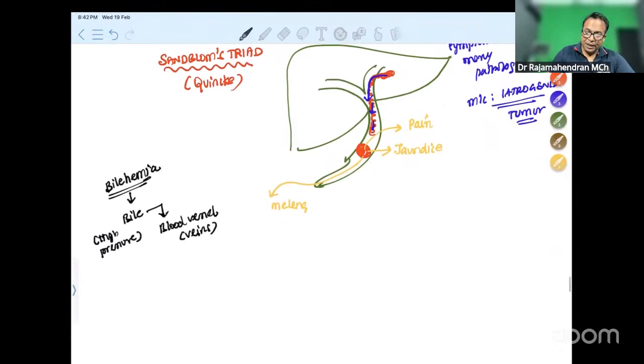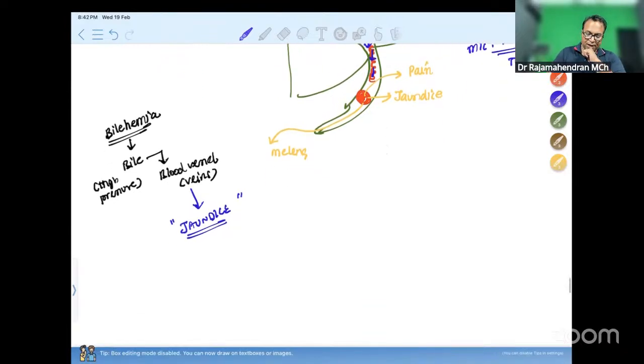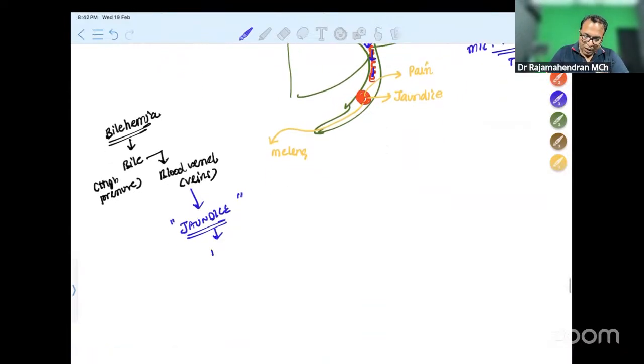So when bile enters into the blood vessel, what will be the clinical feature? The patient will have jaundice. But the jaundice is very interesting here. It will be having elevated bilirubin, especially direct bilirubin.